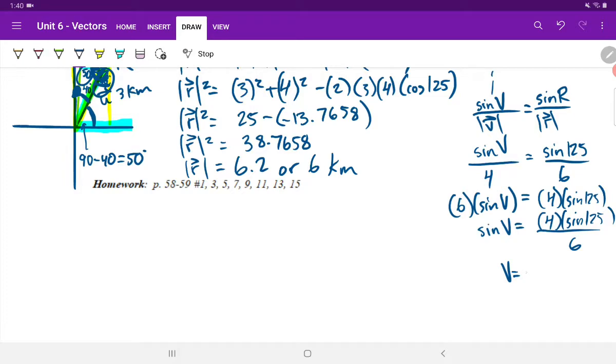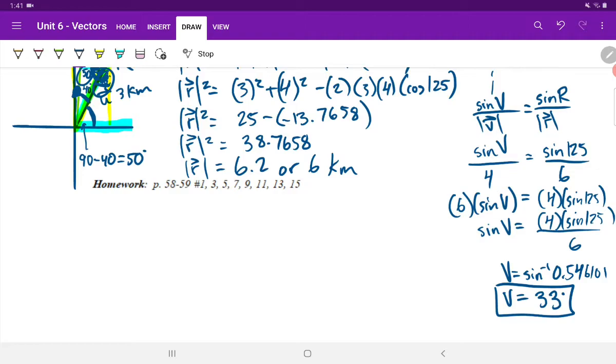Therefore, V is going to equal the sine inverse of 4 times sine 125 divided by 6. I carried quite a few decimals there just to increase my accuracy. And our final answer then is 33 degrees.